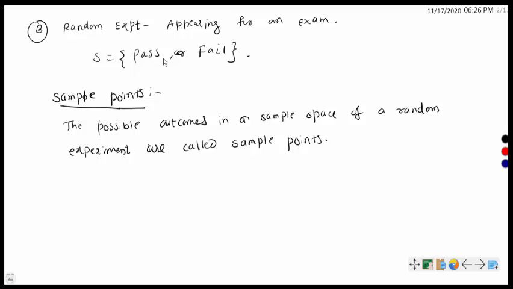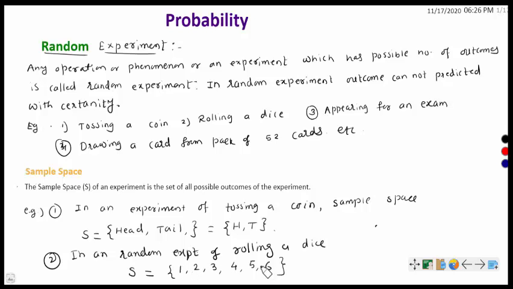Sample points are pass and fail here. These two are the sample points. In the previous example, 1, 2, 3, 4, 5, 6 are the sample points. Head and tail are the sample points.